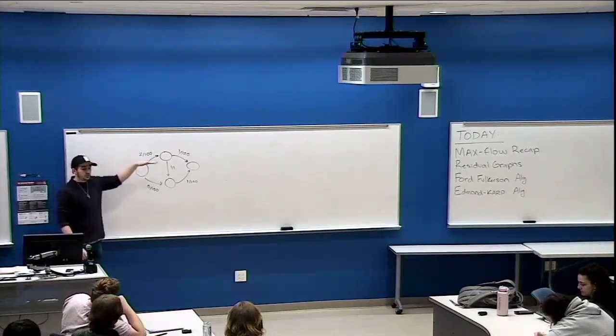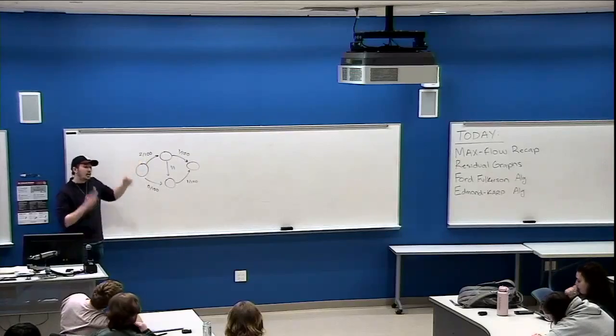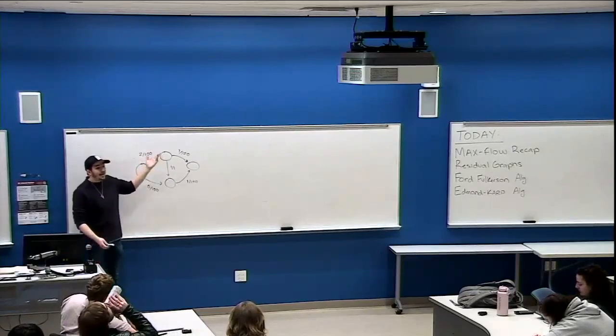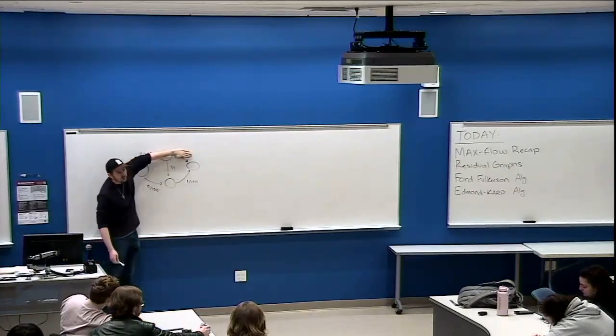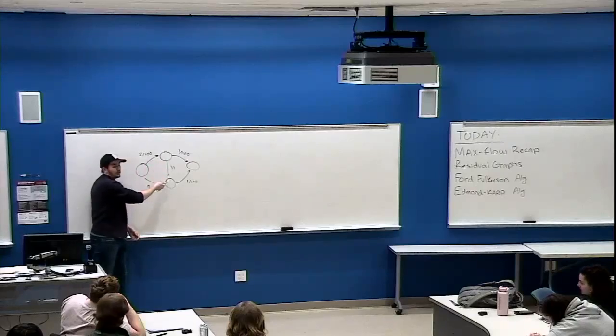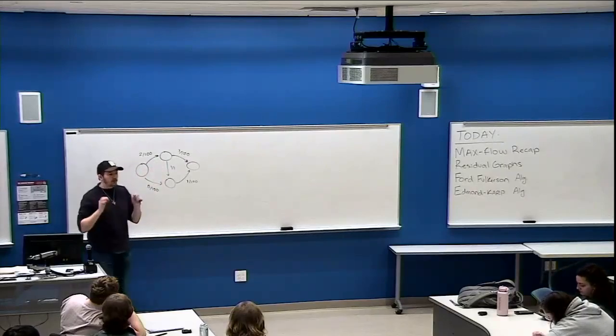And as we do our search, we have our flow and we kind of push it forward like you're saying. The problem with this is it isn't necessarily true that there is a path where I can add any flow. Like for example, if I remove this and say this was a higher capacity edge, your algorithm would go here and go, oh, this one's already full, I can't do anything. And it would fail. So you need to have some way to guarantee that you can add the flow.